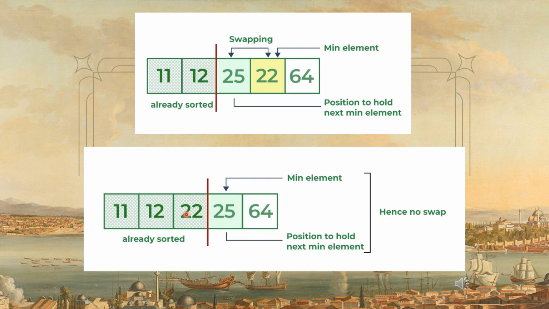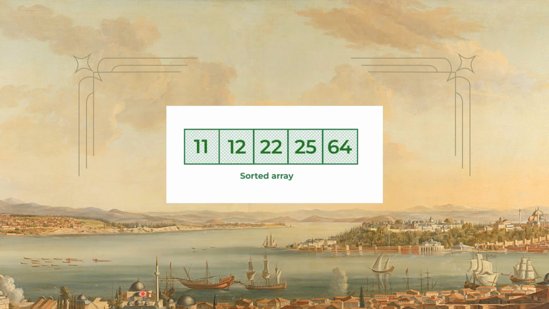Our fourth pass is similarly for the fourth position. Traverse the rest of the array and find the fourth least value in the array. As 25 is the fourth lowest value, it will be placed at the fourth position. In the fifth pass, the largest value present in the array automatically gets placed at the last position in the array.